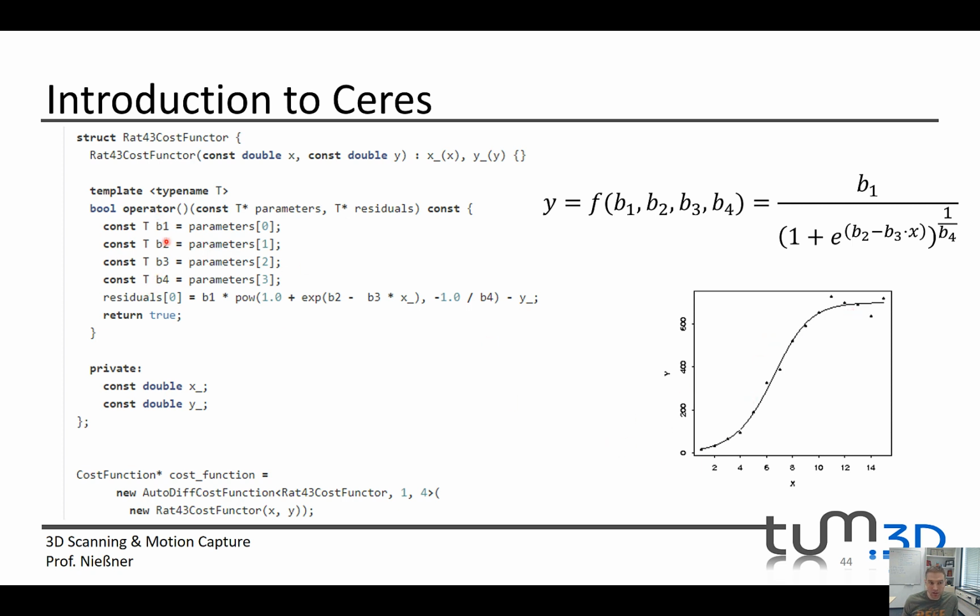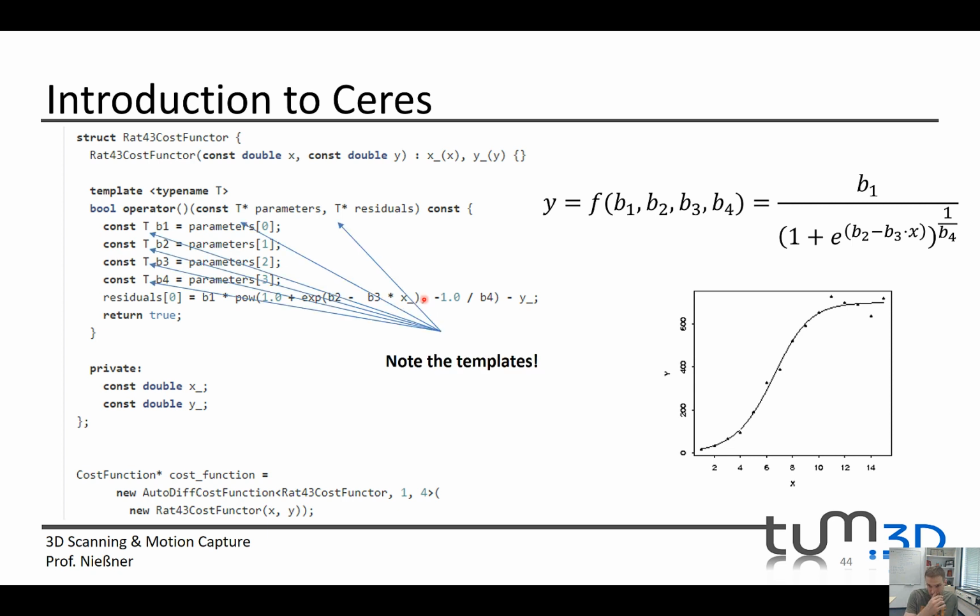And now what Ceres knows how to do is to compute the derivative of this function. Why? Because it has this jet.h, and through this jet.h, out of this computation, because all of these operators here are overloaded, it computes these dual numbers of these terms here, and then it keeps track of the dual numbers internally.